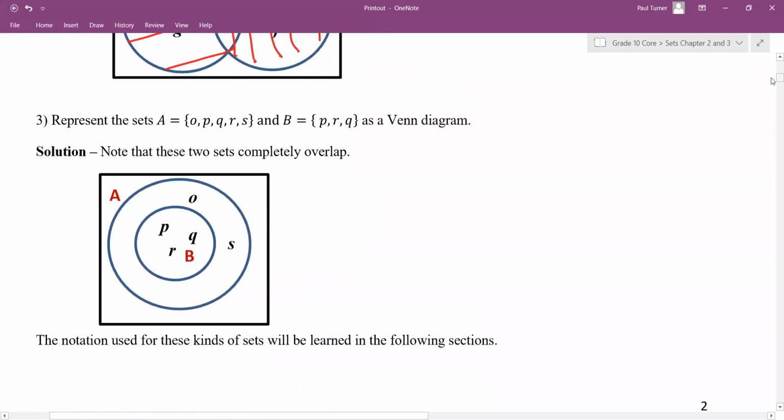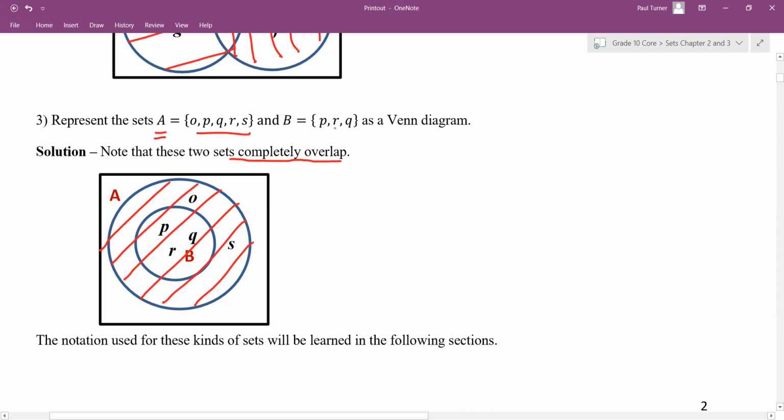In part 3, notice how we've got sets that completely overlap. This is another situation you'll find in the book. So set A is O, P, Q, R, S. Set A means all of these elements here, including the ones that are in B. Okay, so those red lines represent set A, everything.